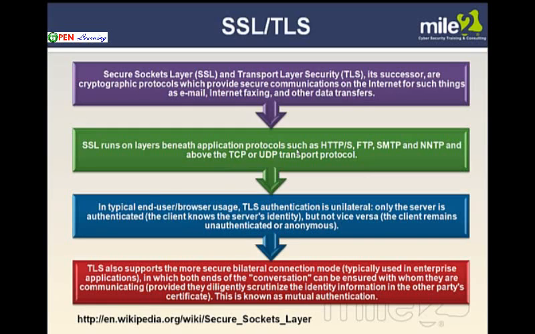SSL started out first, and it does encrypt the information. That's why you see both of them do. That's why you see HTTP with an S at the end of it, because it is encrypting the information. Now we'll find the TLS was definitely an improvement. It actually supported a mutual authentication, or I guess we could say a bilateral connection.